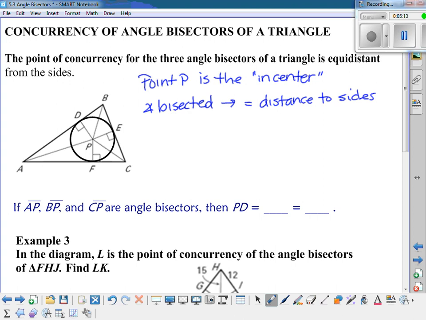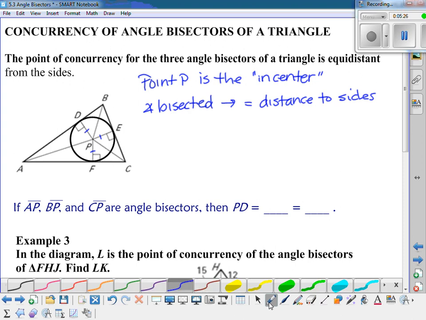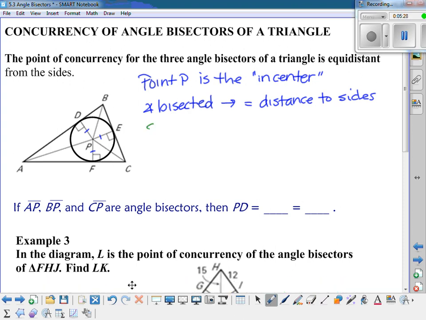So in this figure here, I can see that PF, PE, and PD are all going to be congruent to each other because the angles are bisected. And then yesterday, remember, we talked about if the side was bisected with the perpendicular bisector, then it's an equal distance to the angles.